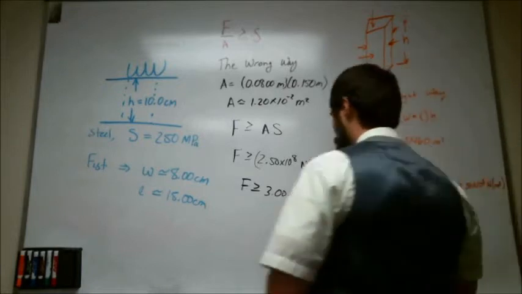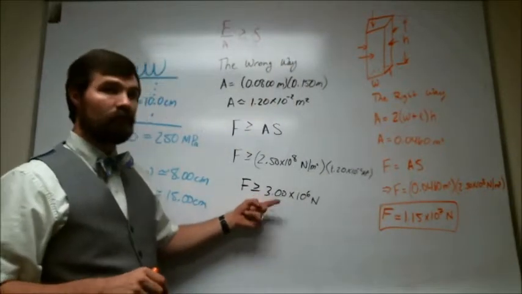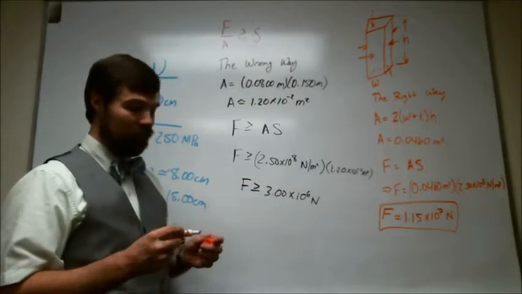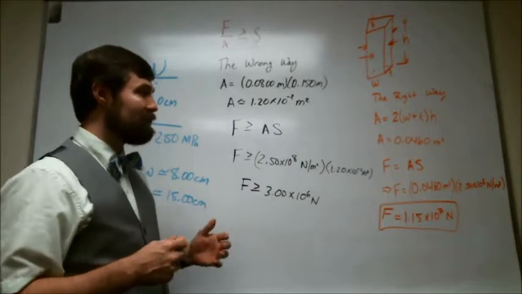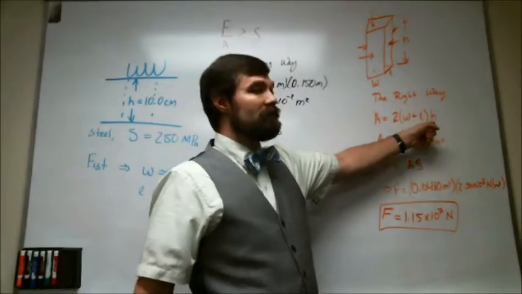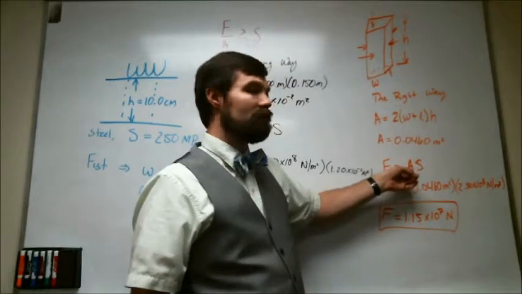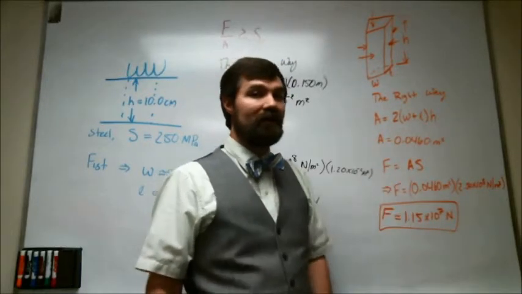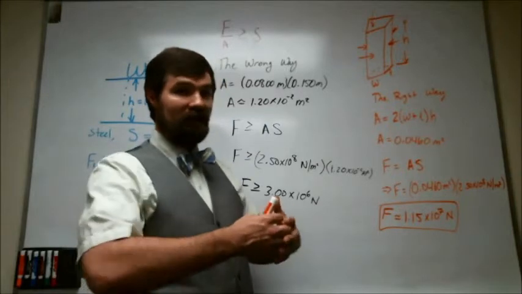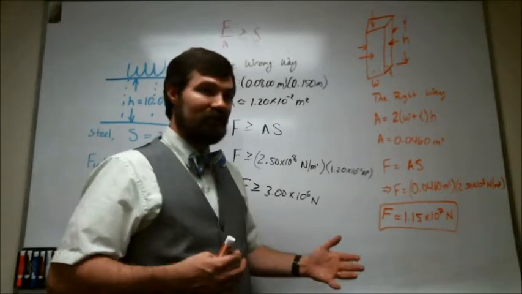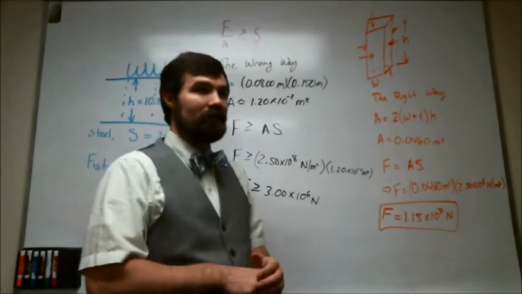So it's almost an entire order of magnitude greater than the force we got doing it the wrong way. And you'll notice that this thickness is a component of this force. It comes into the force through this area. It means that if you make the block thicker, then you need more force, and if you make it thinner, then you need less force.